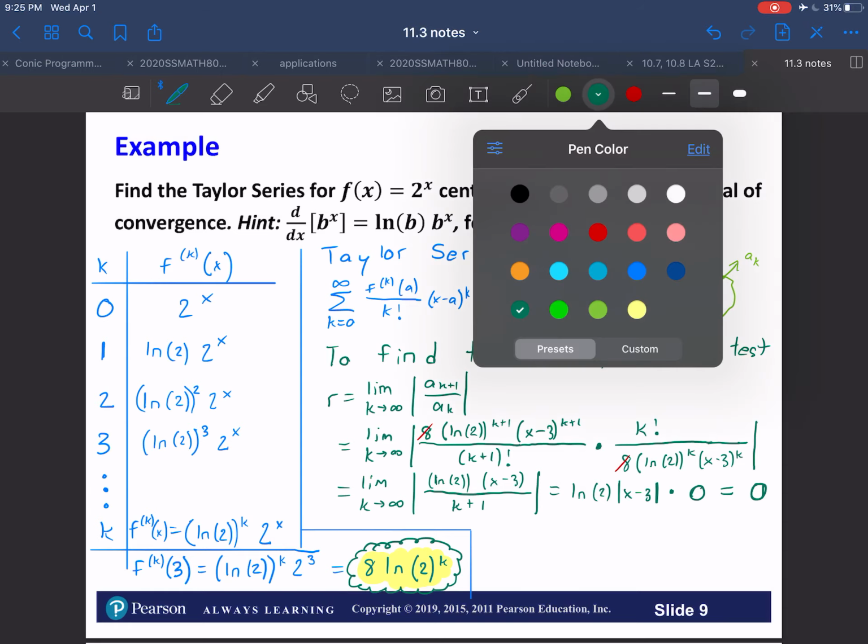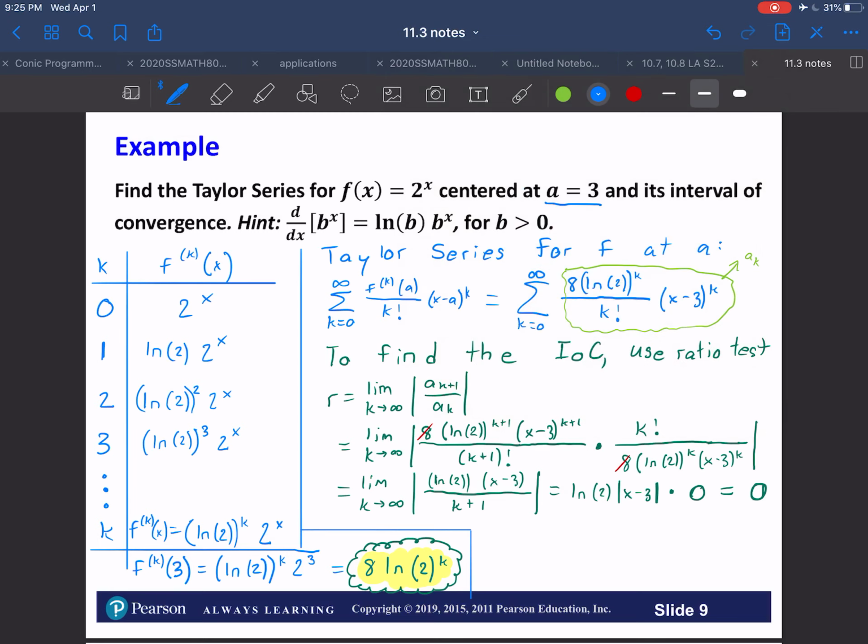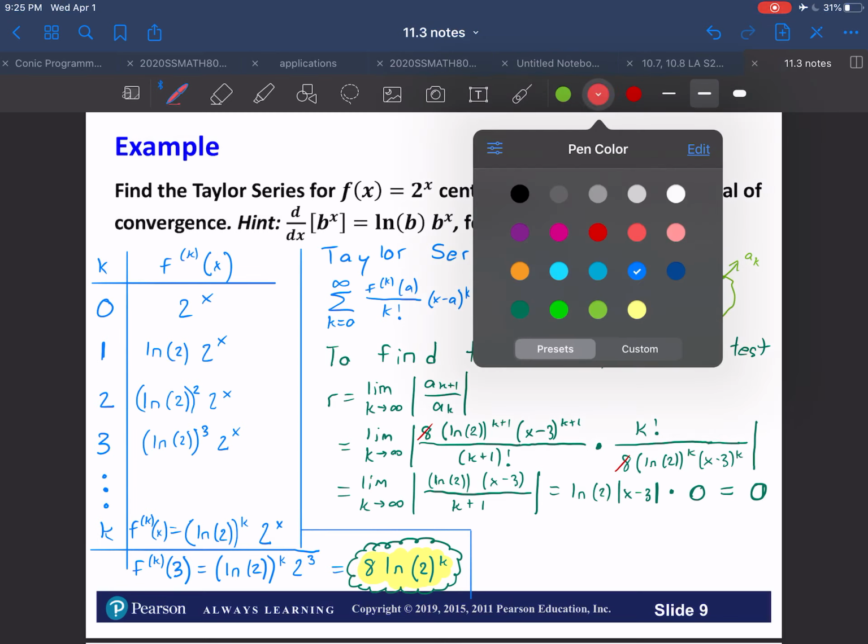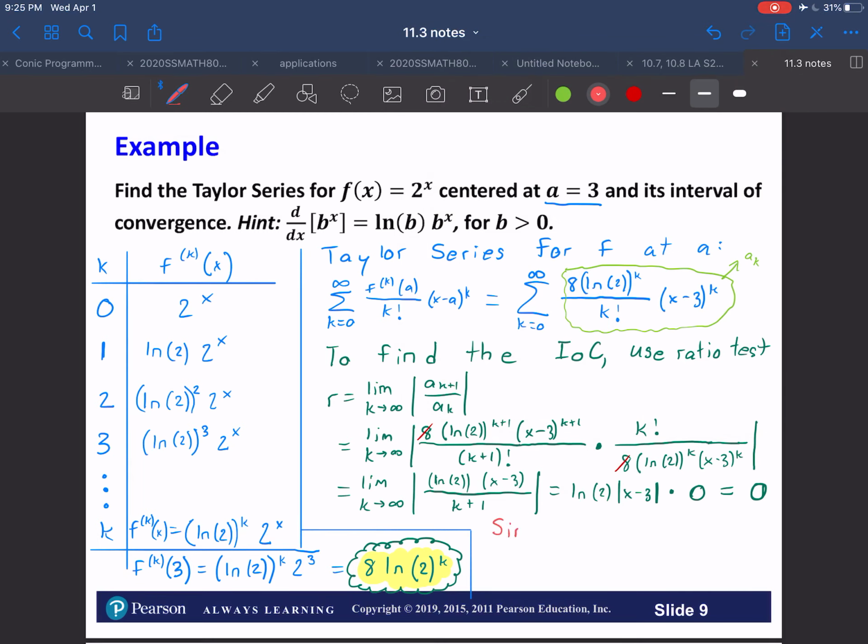And so the conclusion, of course, is that since r equals 0, which is less than 1, it doesn't matter what x I plug in, this thing will converge for everything.